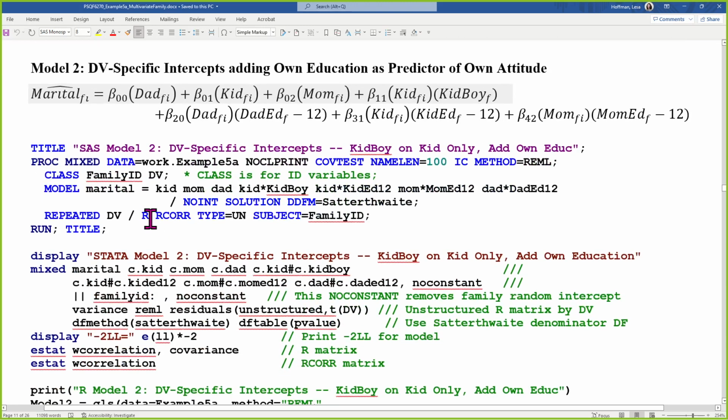So now we're adding in own education. The notation for this is kind of crazy because it's foreshadowing what's coming next. So here's my empty part of the model, 3 intercepts. Here's the lone effect of kids' gender on the kids' outcome that I'm keeping.